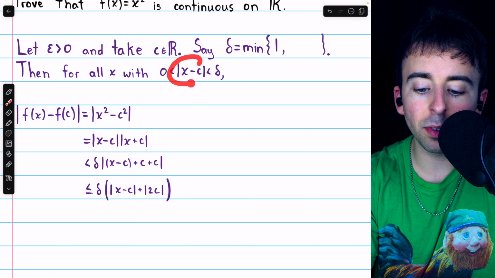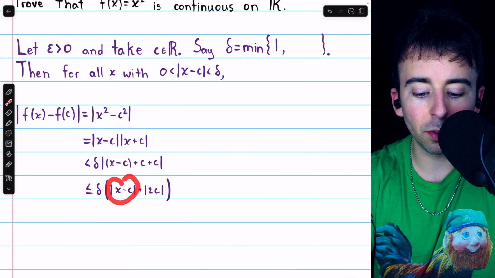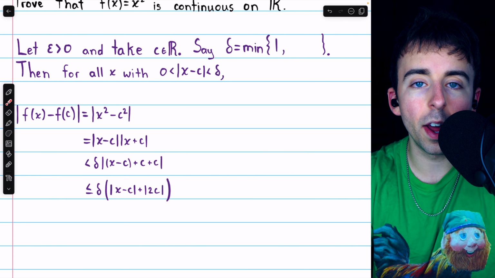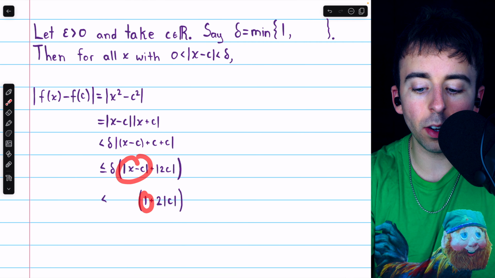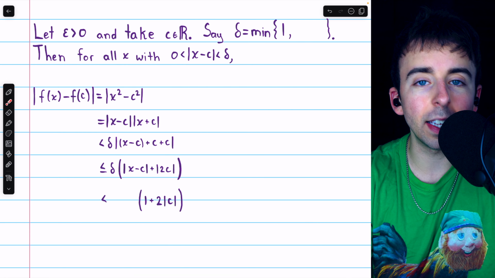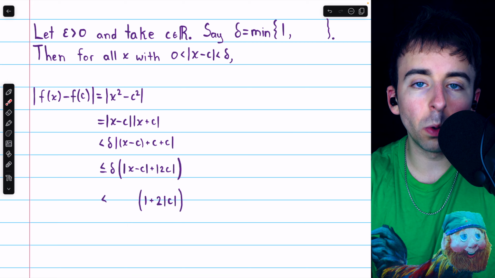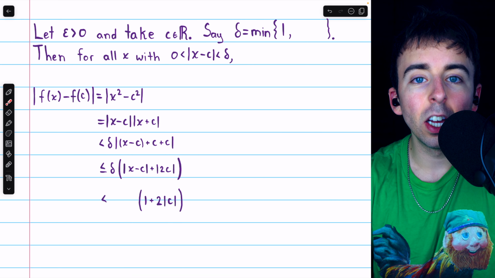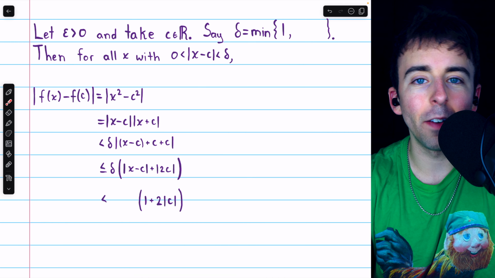And so since the absolute value of x minus c is less than delta, we can replace the absolute value of x minus c with 1 to make the expression bigger. So this we've replaced with 1, which we know is greater than or equal to delta. And now that we have this factor, which no longer has an x in it, we know the other thing that we need in the definition of delta.